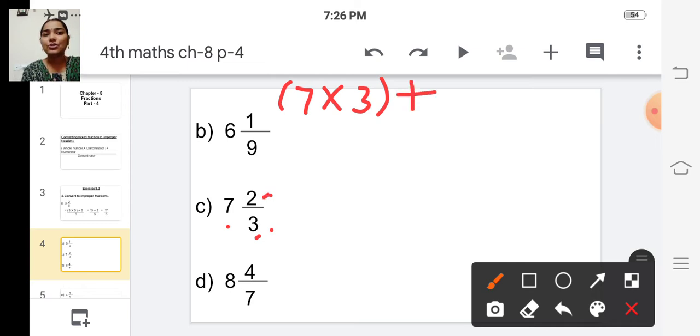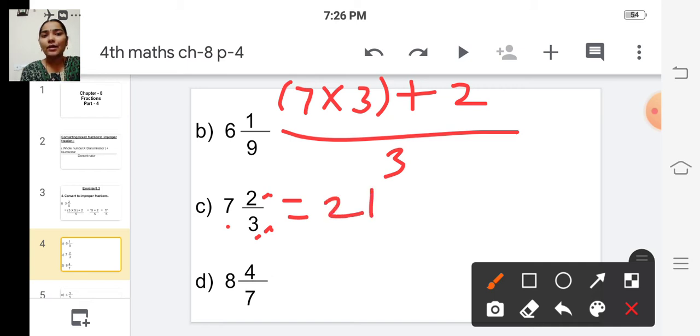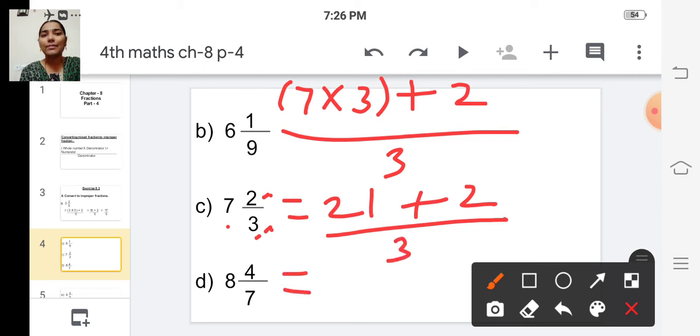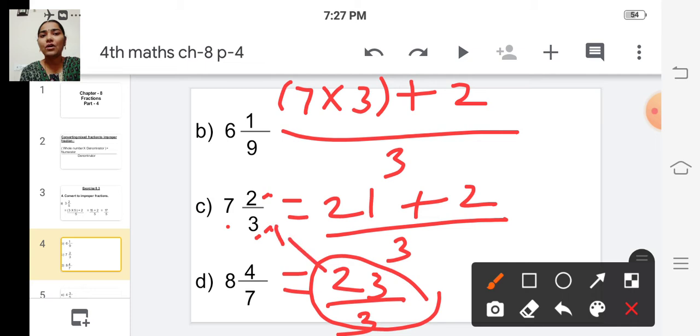Numerator is 2 divided by denominator. Denominator is 3. Which is equal to 7 3s are 21 plus 2 divided by 3, which is equal to 21 plus 2 is 23. So 23 divided by 3.